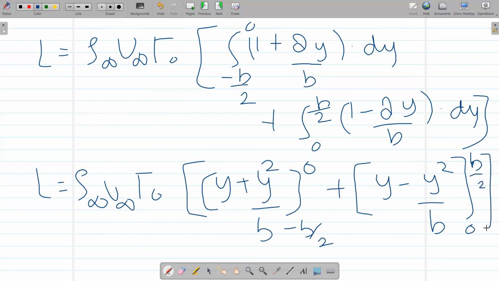All right. So now applying these limits, you can substitute the values as well. Rho infinity is 1.2, u infinity is 180, gamma naught is 20, and then applying the value of b by 2 as 5 as well.